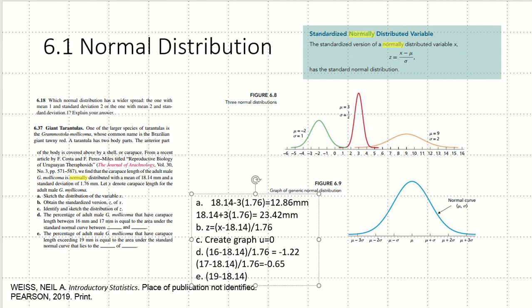We want to do the parentheses, do the subtraction first, then divide by 1.76, and that will give you 0.49.